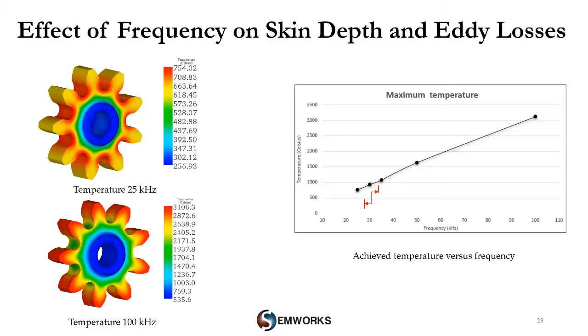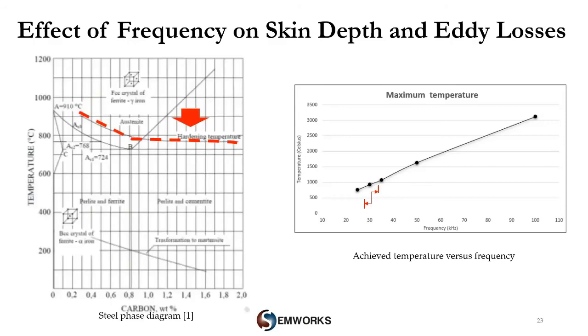So, we saw the impact of frequency sweep on the losses and skin depths, how to select now the optimal frequency according to temperature. If you remember from the steel phase diagram that we showed in the previous slides, steel should be heated to a temperature between 750 and 950 degrees Celsius.